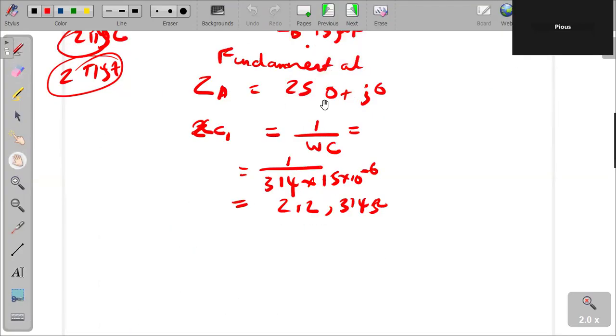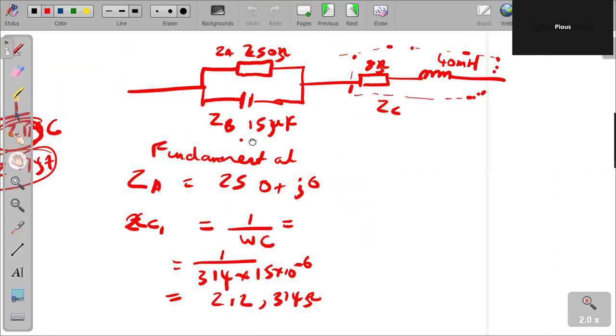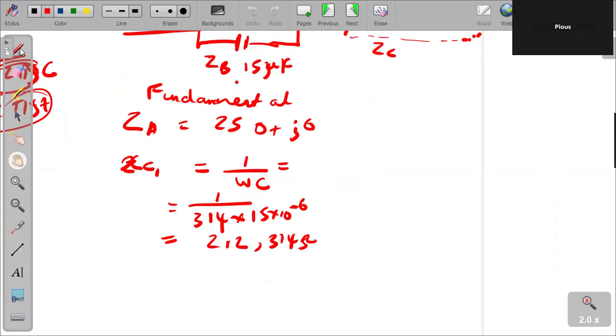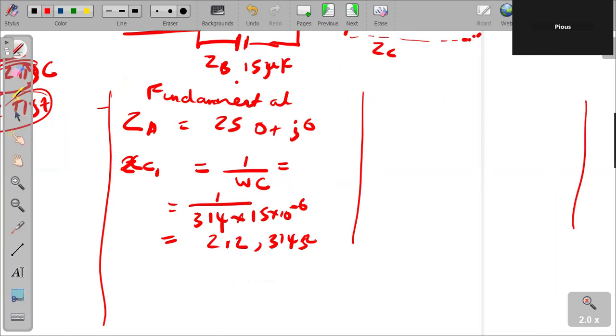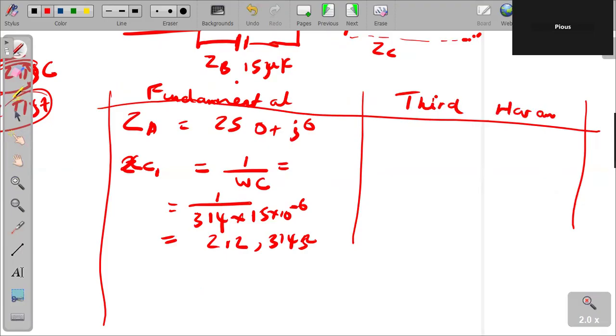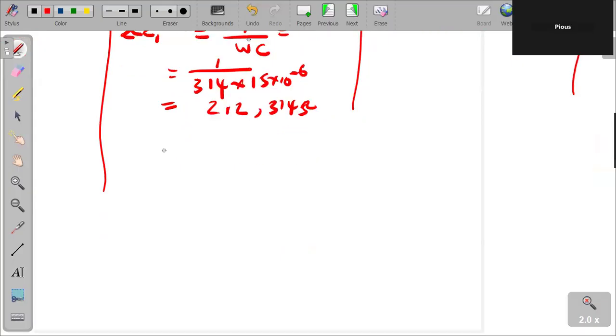So I will indicate this as my fundamental, and I will indicate the third harmonic there. I'll just make a boundary. I would normally advise doing that to present your work a little bit clearer. That's our third harmonic there. So for the first harmonic, XC1 is this value.